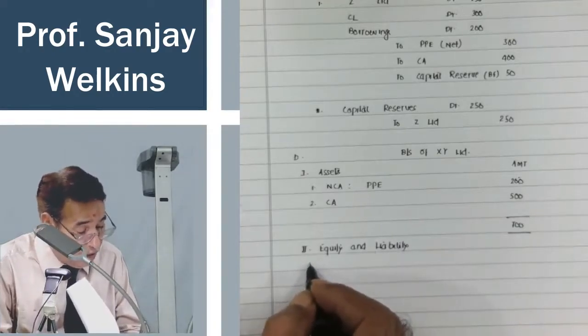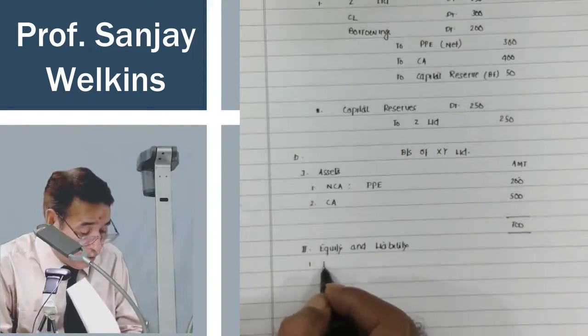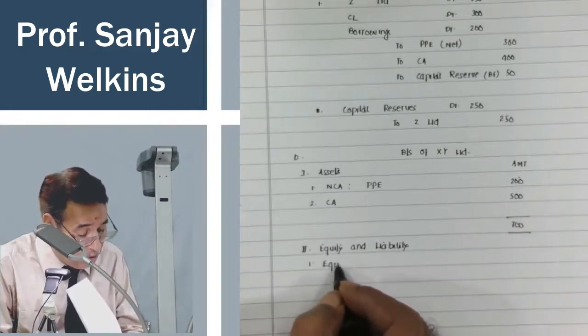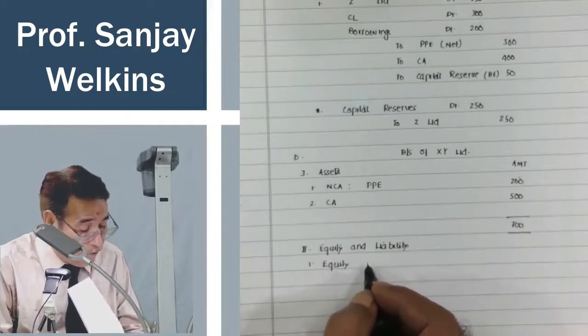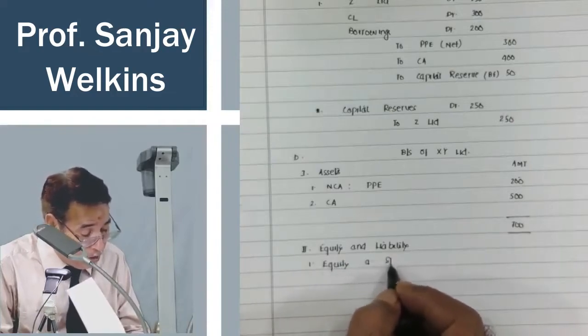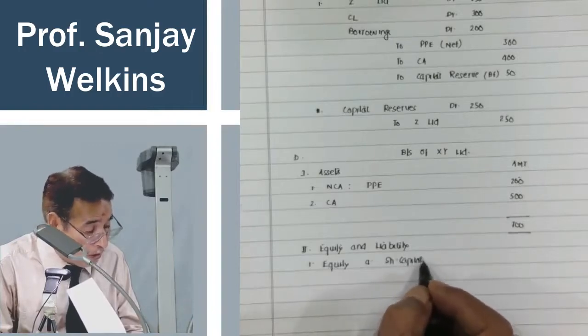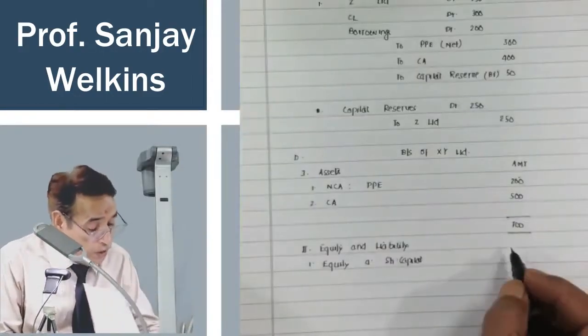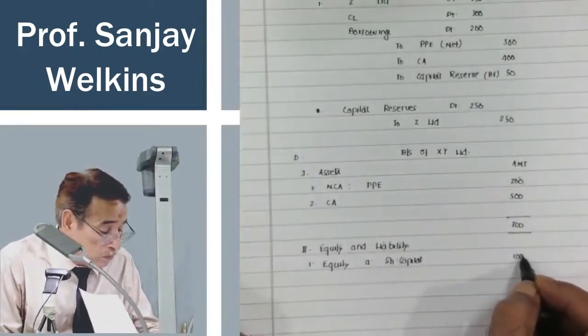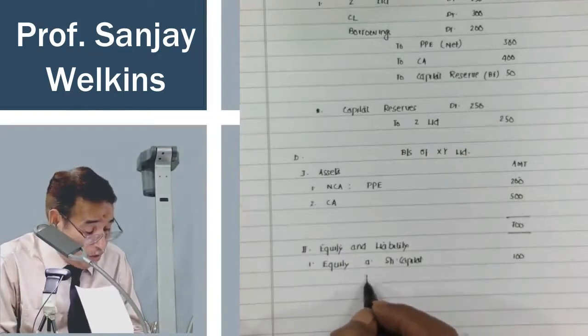As far as equity and liability is concerned, first write equity. Whenever we prepare a balance sheet, we write share capital of the organization. Now share capital of the organization is given to you as 100. Correct? Then you write other equity.